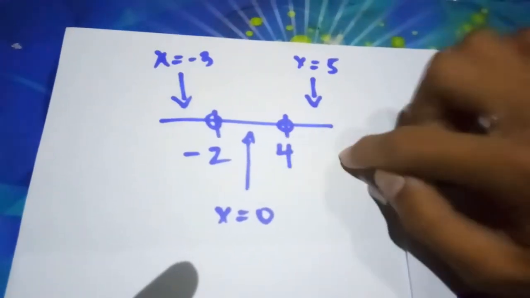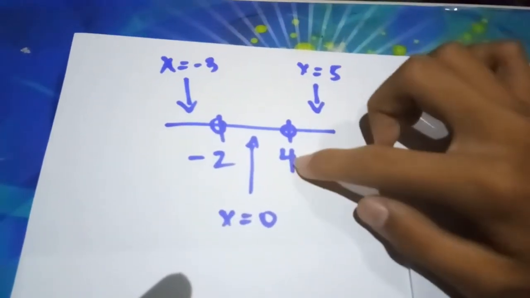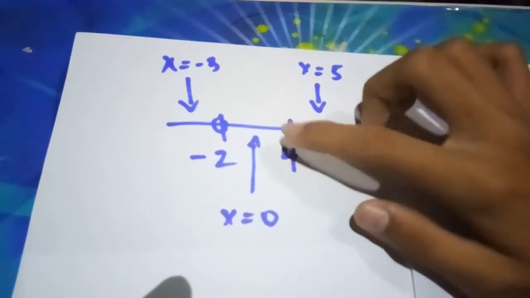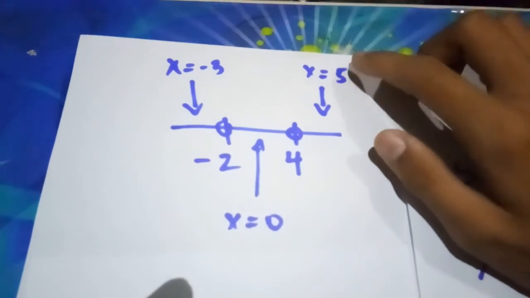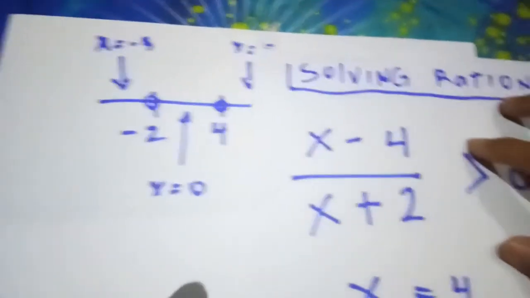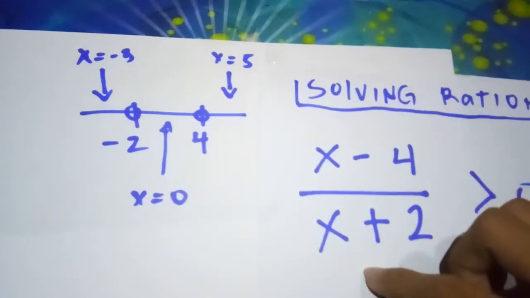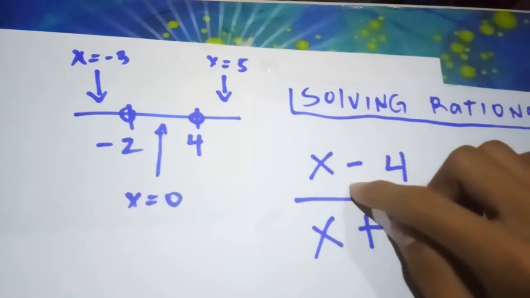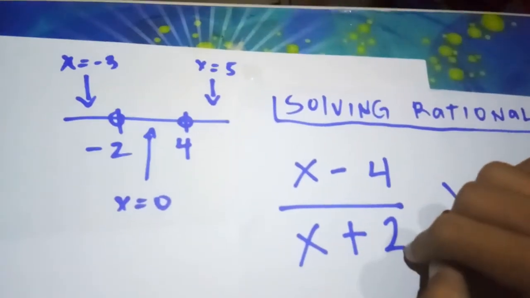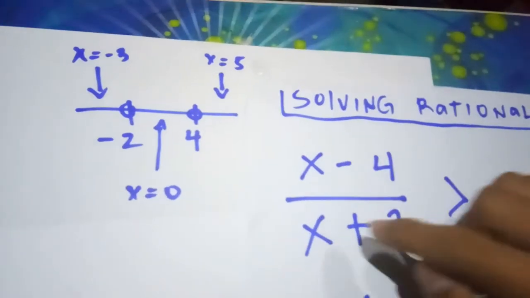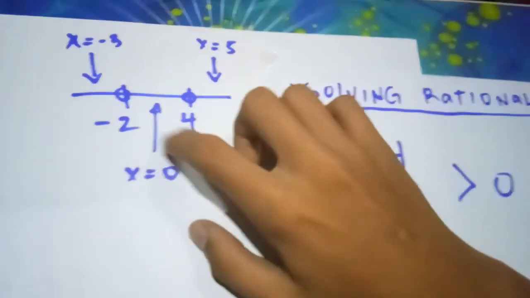Let's start on the right side with 5, because 5 is greater than 4. Substituting 5: 5 minus 4 is positive, and 5 plus 2 is positive. Positive divided by positive is positive, so this is shaded.